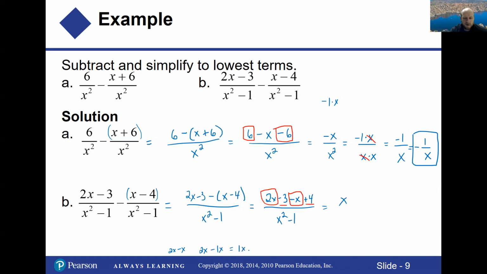And we're just left with 1x, or x, right? Some people will just drop off the x and they'll just get a 2 or something like that, okay? Don't do that. We have to subtract your coefficients, right? So we have an x, and then we have a minus 3 plus 4 is just plus 1. So we have x plus 1 on top over x squared minus 1 on the bottom.